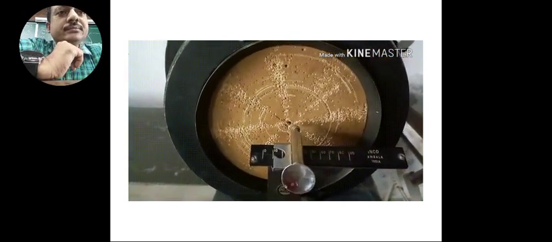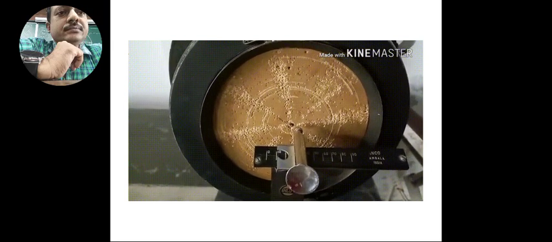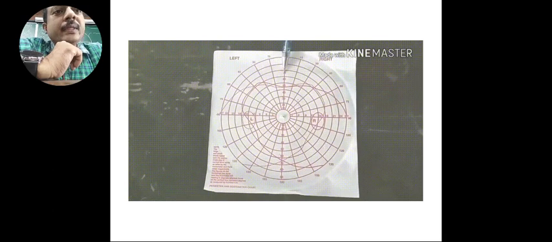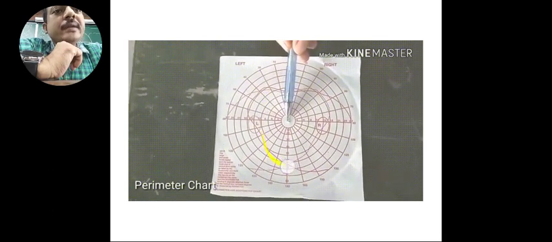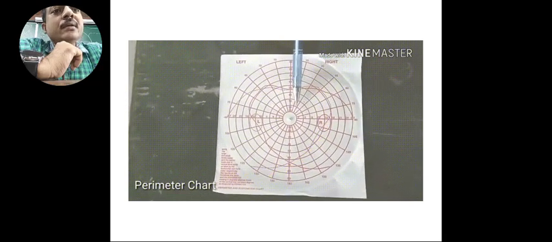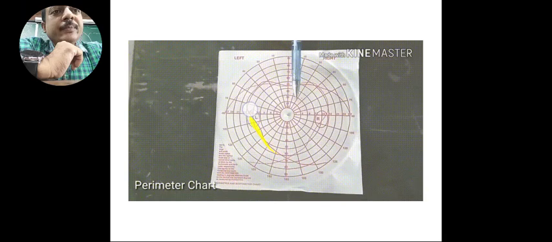This one is the visual field for the right eye, and this one is the visual field for the left eye, which is demarcated by the perimetric test.